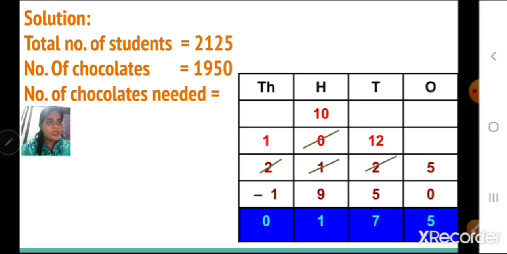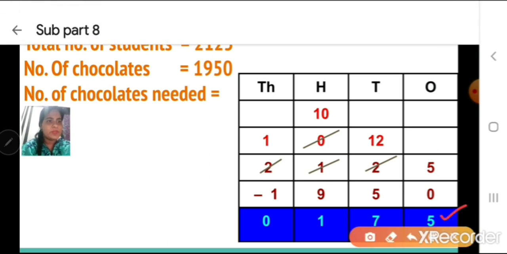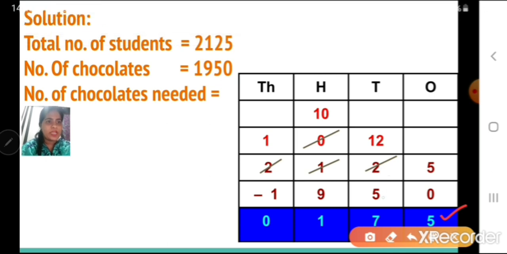Go through it. See here in the ones place, 5 minus 0 is 5. Then 2 minus 5 is not possible. So we are going to borrow from the 1, which is in the hundreds place. So 1 will become 0 and 2 will become 12.